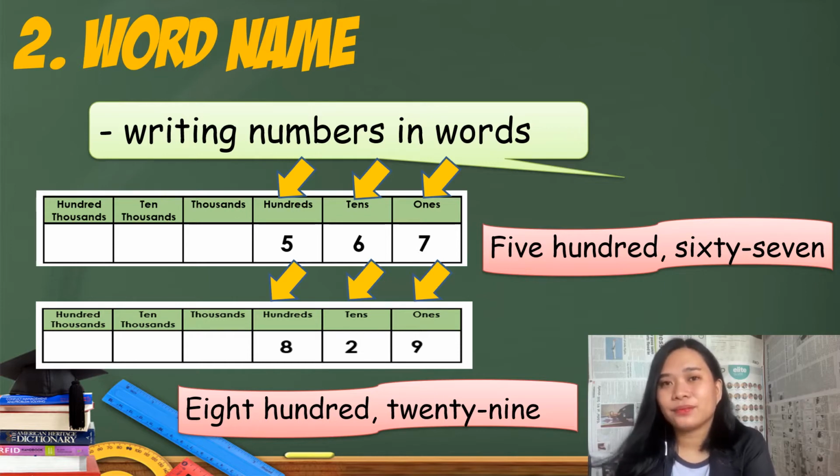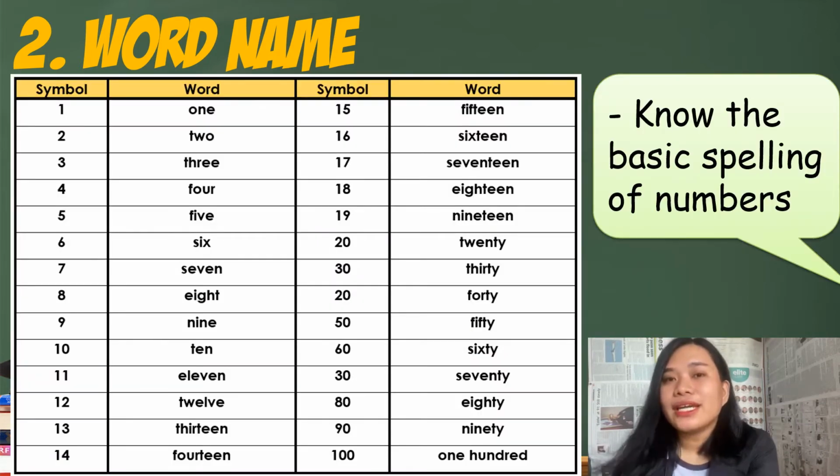829. We identify the place value. 8 hundreds, 2 tens, 9 ones. And you write it into word name, 829. And writing numbers into words, you should know the basic spelling of the numbers.